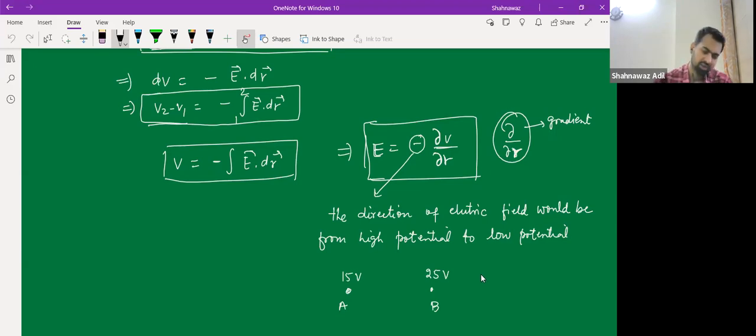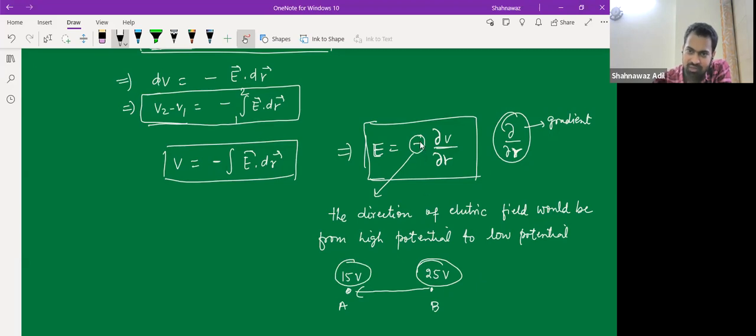B to A. Why? Because this is the higher potential and this is the lower potential.